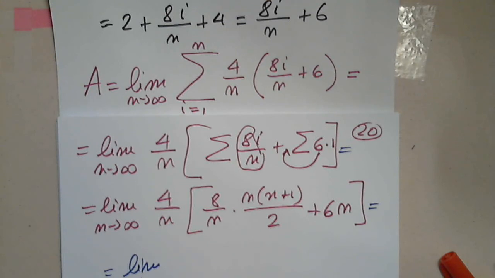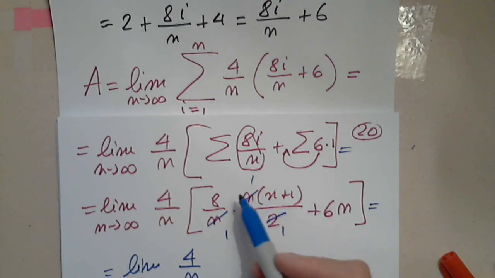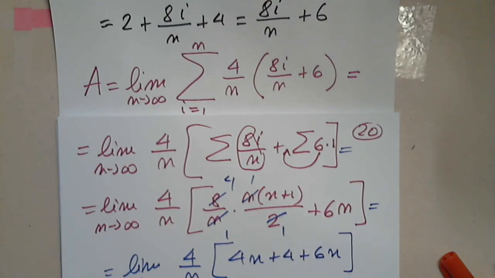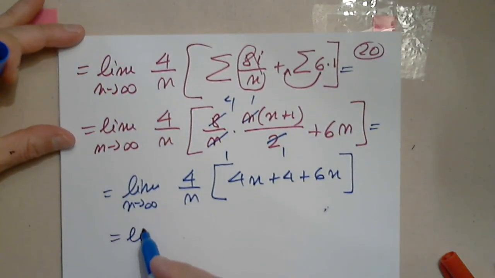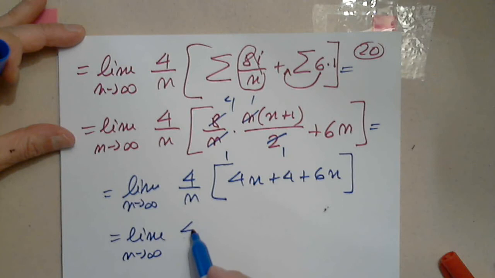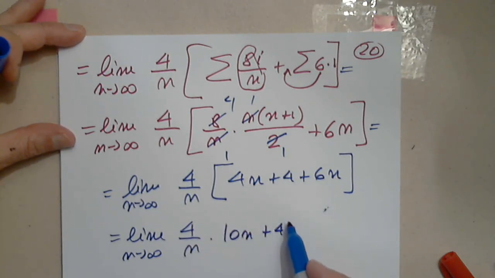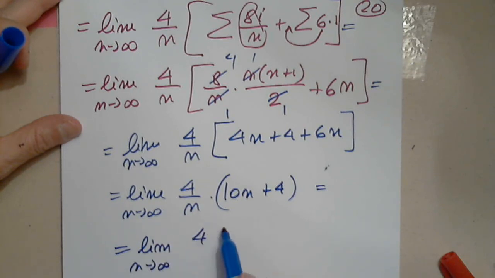So limit as n approaches infinity of 4 over n, I'll try to simplify by 2. So in brackets we have 4n plus 4 plus 6n, and this is limit as n approaches infinity of 4 over n times 10n plus 4. And this is the limit, n approaches infinity, of 4 times 10n plus 4 divided by n.